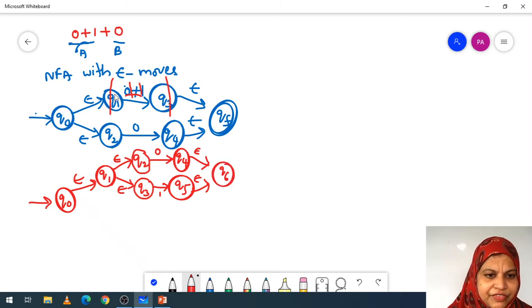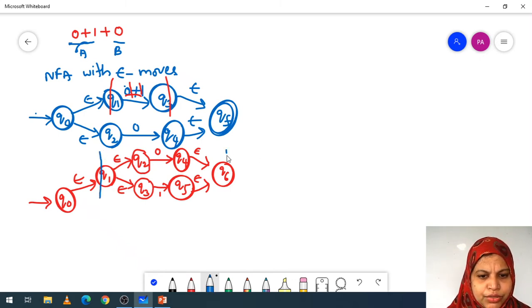This complete regular expression is present from Q1 to Q6. It is equivalent to Q1 comma Q3. In Q1 comma Q3, we are constructing the NFA with epsilon moves, Q1 to Q3.